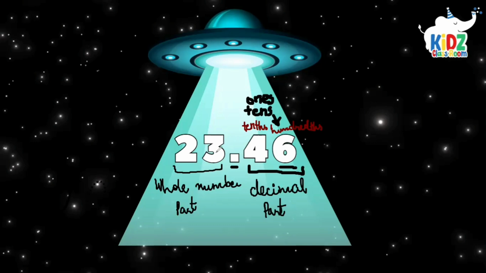And before the decimal point, the first place is ones, then tens, then hundreds, then thousands, and so on.